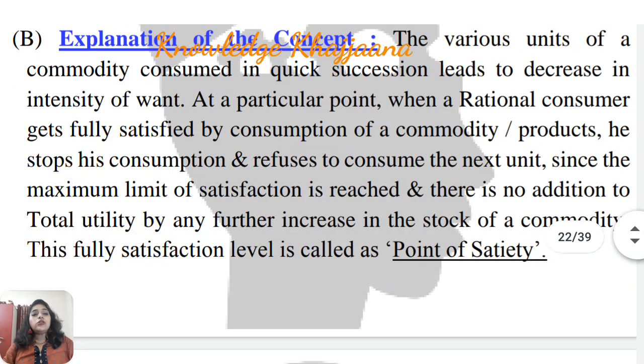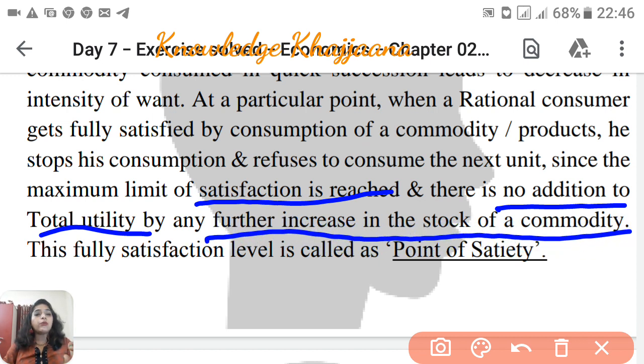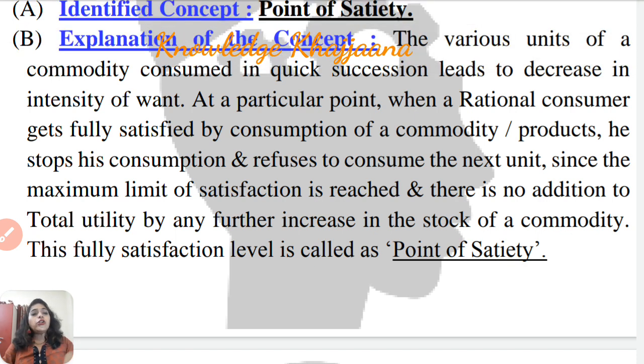Since the maximum limit of satisfaction is reached and there is no addition to total utility by any further increase in the stock of a commodity, this full satisfaction level is called point of satiety. Means what? After reaching 100% satisfaction, there is no increase in the total utility if any further consumption is added. Why? The consumer has reached 100% satisfaction. This is the example of point of satiety.